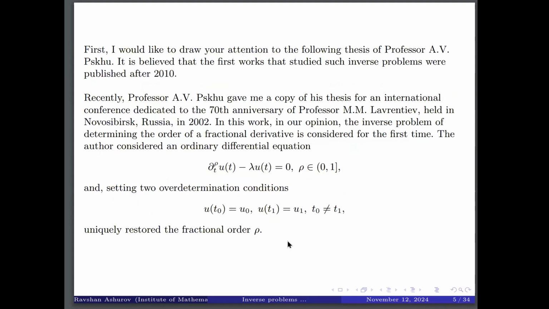First, I would like to draw your attention to the following thesis of Professor Pshu, who is also participating here. It is believed that the first works that studied such inverse problems were published in 2010. But recently, Professor Pshu gave me a copy of his thesis from an international conference in 2002, where the author solved the following inverse problem.